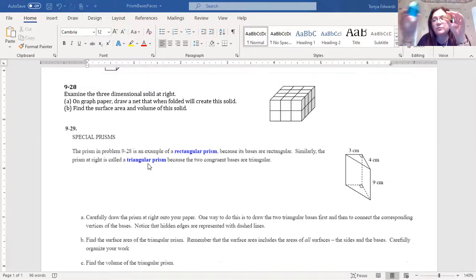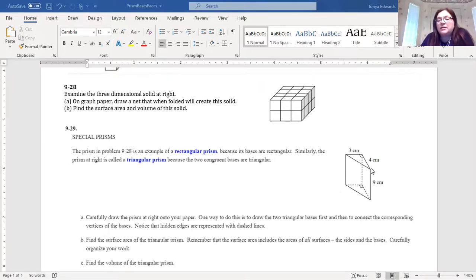In this case, we've got a triangle that's not equilateral. It's okay. It's still a regular solid because the bottom and the top are exactly the same. And you're going to find the surface area and the volume exactly the same. You just have to use a different formula here, right?